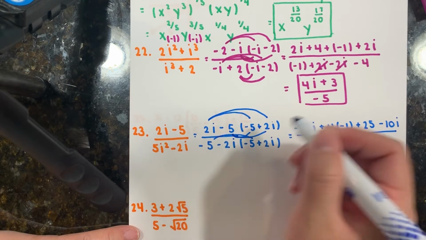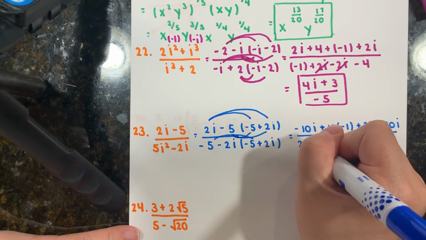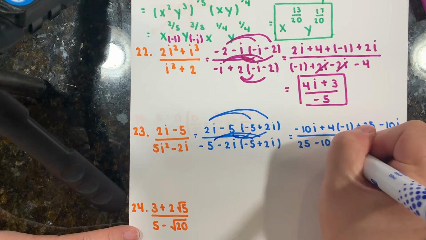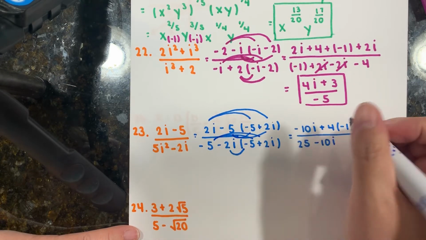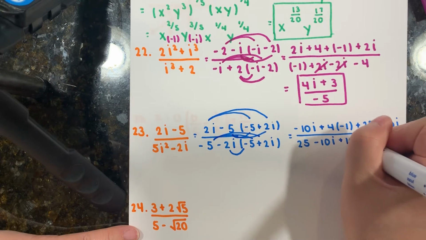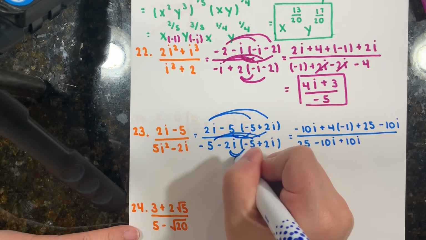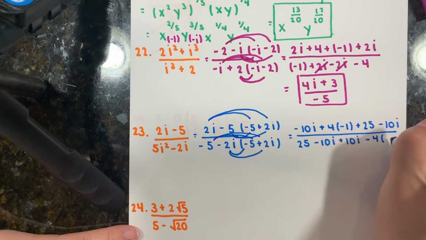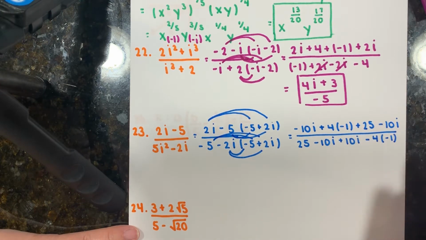Over -5 times -5 would be 25. -5 times 2i would be -10i. -2i times -5 would be plus 10i. And then -2i times positive 2i would be -4 times -1.